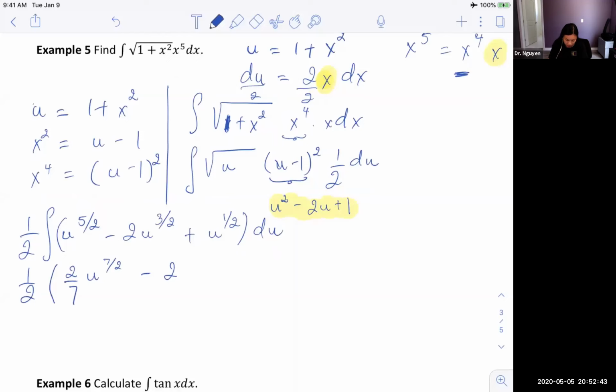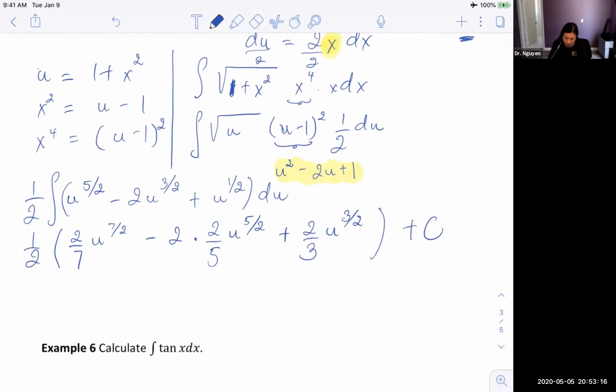So for this one right here, I have that 2, and then I have u to the 5/2 divided by 5/2. So that's going to be 2/5, plus u to the 3/2 divided by 3/2. So that's going to be 2/3, plus c. And then we're going to have to go back and put everything in.